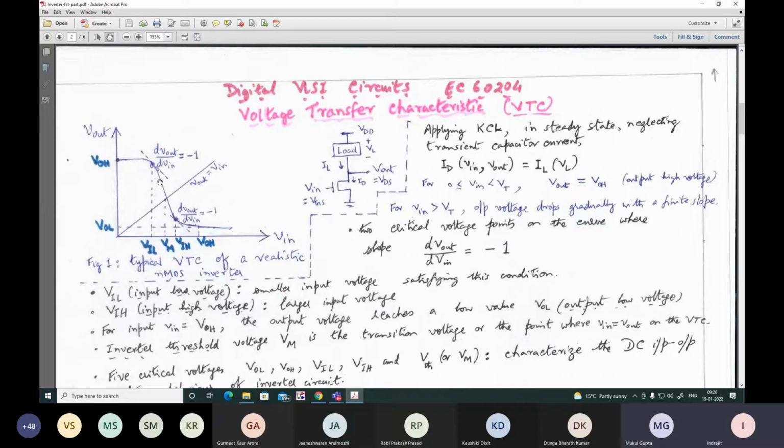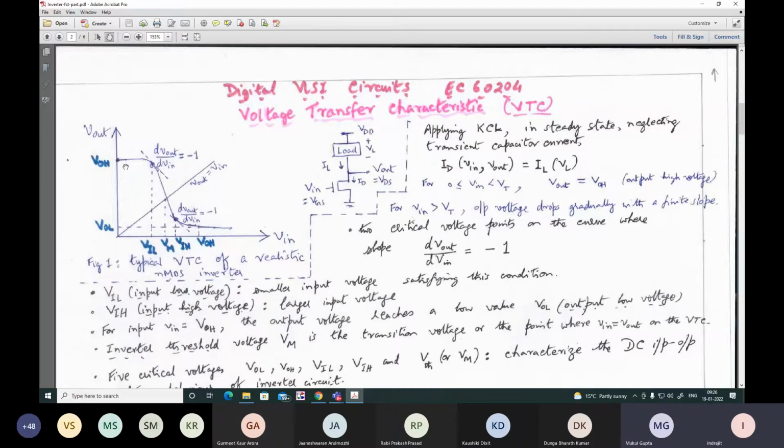And the inverter switching threshold voltage is VM. It occurs at the intersection of the straight line with unity slope, which passes through the origin, with the voltage transfer characteristic curve, at a point where input equals output. Both input and output at this point happen to be the same. That is referred to as the switching threshold voltage, VM or VS.